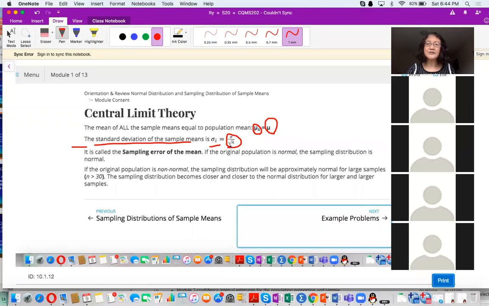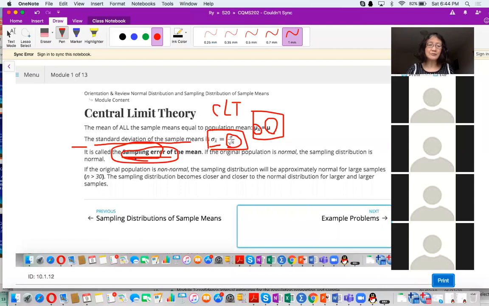So the central limit theorem, CLT, is very important. It has 2 formulas. One is mu x equals mu. The other is sigma x bar equals sigma divided by square root of n. Sigma divided by square root of n is called sampling error. You have this term in your MyLab.